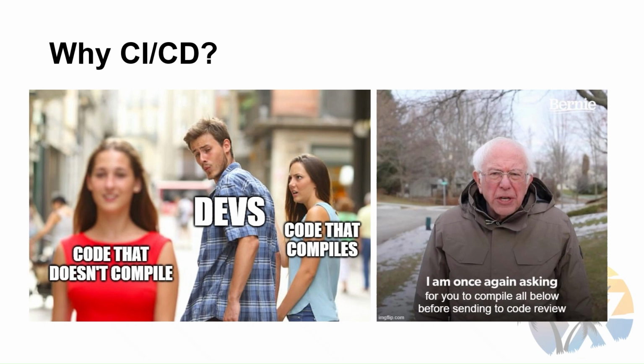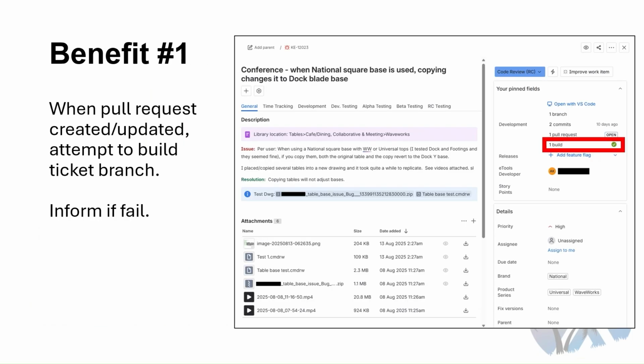So the first benefit of our pipeline is that whenever a pull request is created or updated, the branch that they've created the pull request for is built. As if you go to Build Center in the CET developer tool, it attempts to build that branch of the code they're submitting.